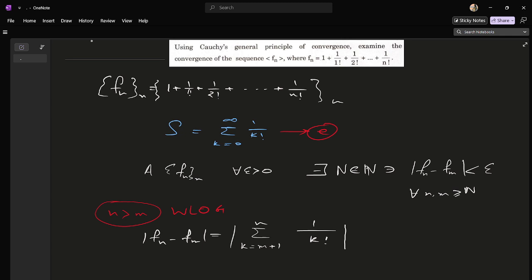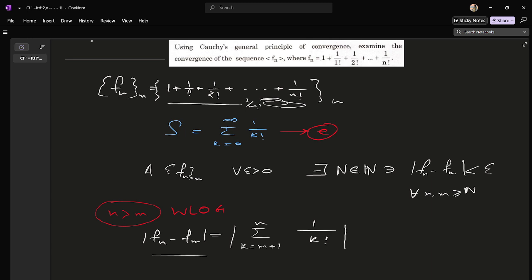If we take the nth term, it will be 1 plus 1 by 1 factorial, and the terms go up to 1 by n factorial. Then if we break it at 1 by m factorial, the rest of the terms will come here. So we now have to analyze the difference, which is given by the sum of the terms from m plus 1 to n.